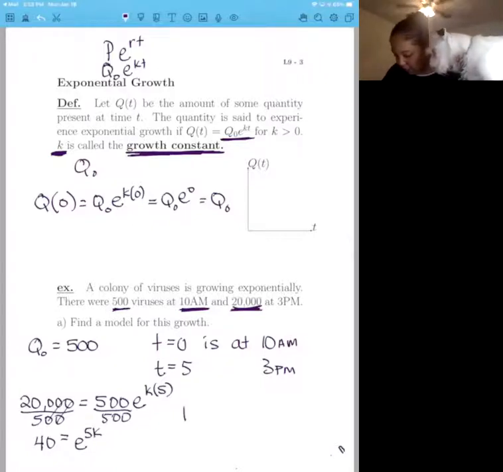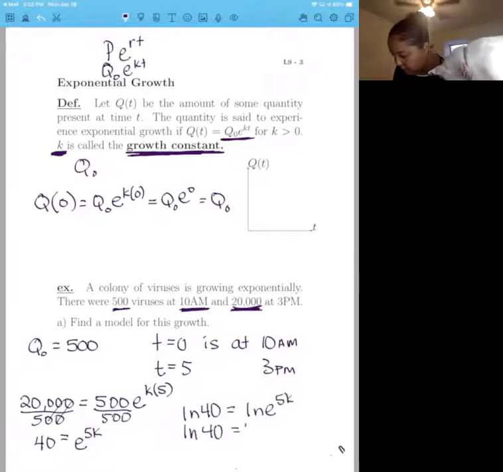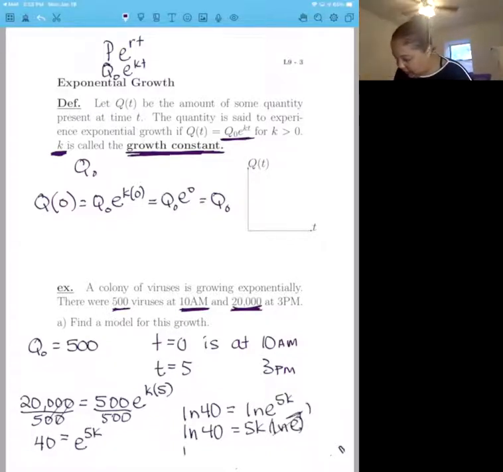So I have the natural log of 40 equals the natural log of e to the 5k. I'm going to bring the 5k out in front. And remember, the natural log of e is 1, and k is equal to the natural log of 40 over 5.